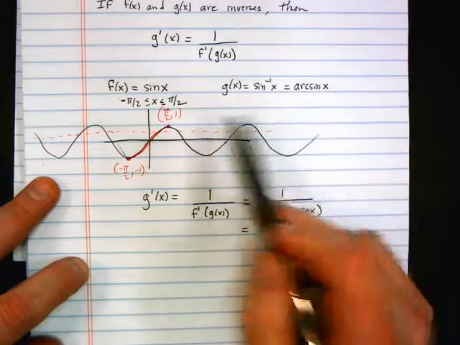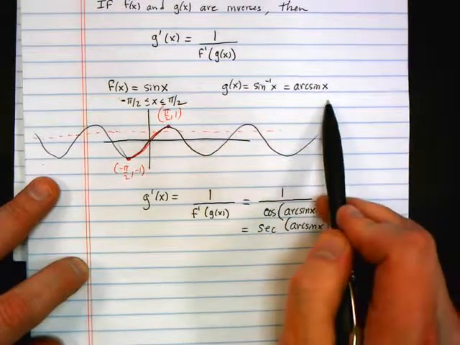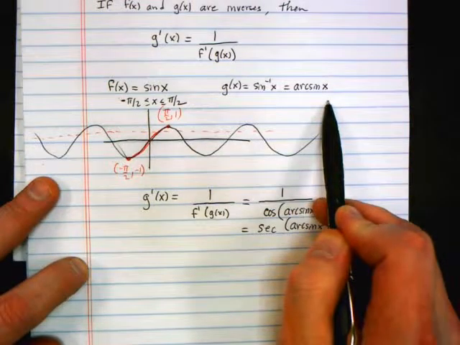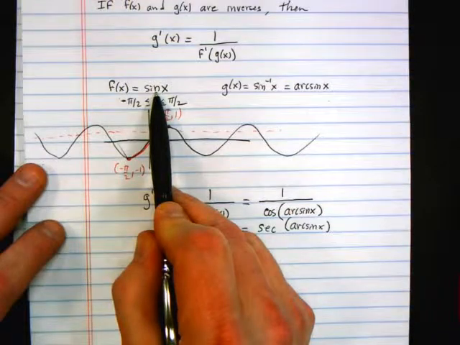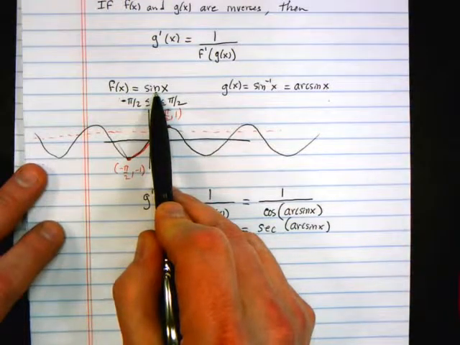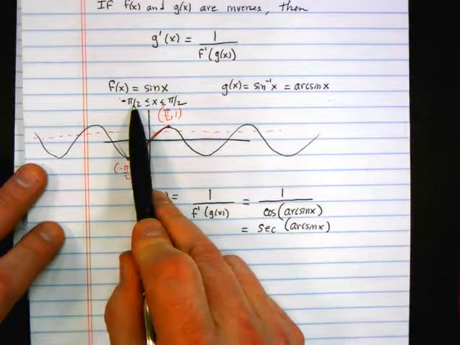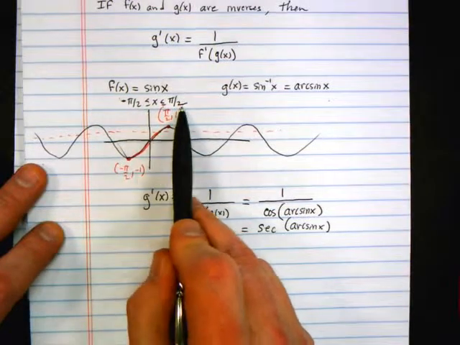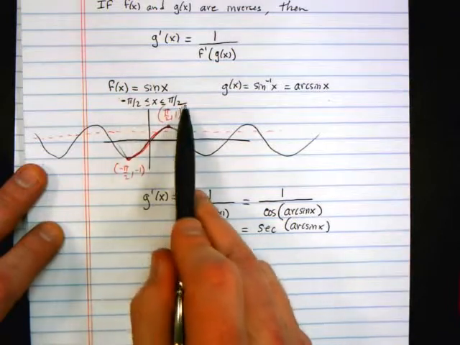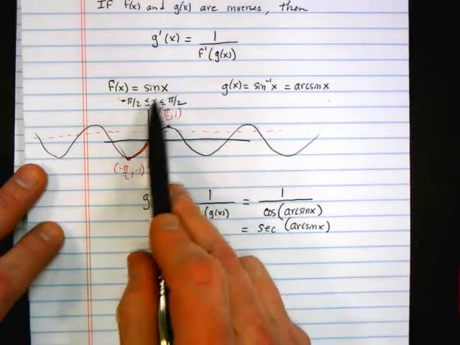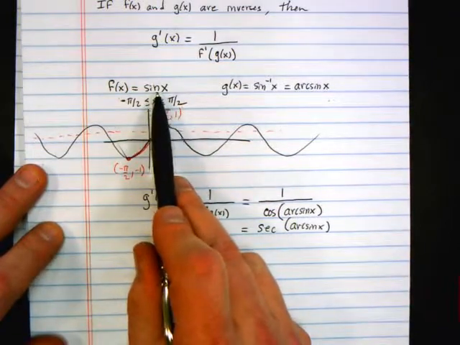And what kind of answers am I going to get back when I plug them in? Well, what kind of numbers do you plug into the sine function? For sine, you plug in numbers between negative pi over 2 and pi over 2. And those are angles, aren't they? So for the sine function, you plug in angles, and what do you get back? Like, what's the sine of pi over 4?